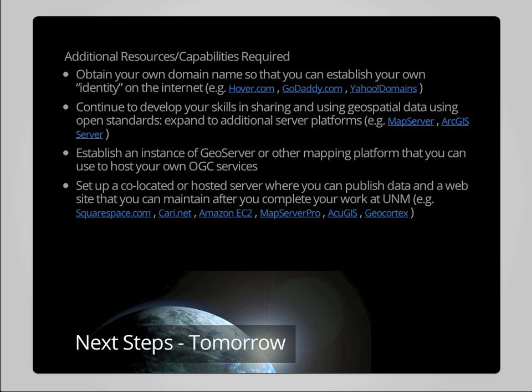Again, these are just examples of the types of providers out there that you can find where you don't need to maintain your own physical server that is connected to a network connection that you have to maintain, but instead you can essentially rent or lease capacity on a monthly basis on any number of platforms like those that are listed here to host the data or applications that you would like to share over the internet.